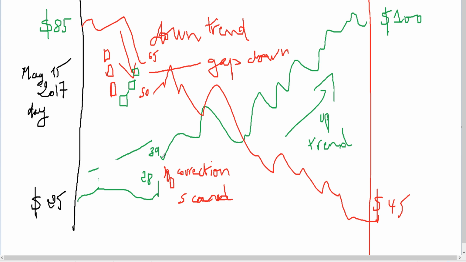This is a gap up. So most of the time you find more gap ups in an uptrend, and you find some gap downs in what we call a downtrend. This is just an example of how a trend looks when it is trending up or going down.